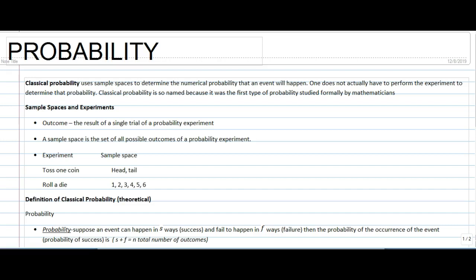So if our probability experiment is tossing a coin, then we have the sample space, which includes heads and tails. If our probability experiment is that of rolling a die, then our sample space would be the numbers 1 through 6 inclusive.